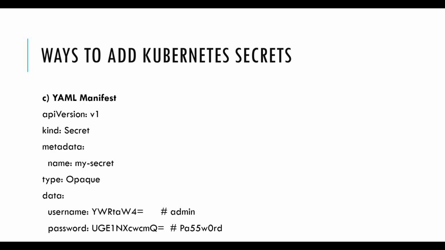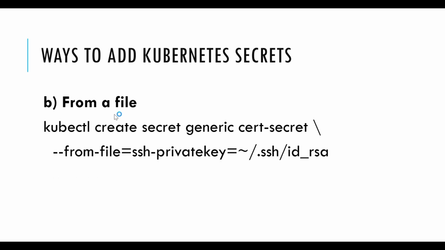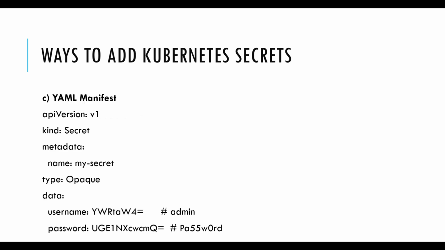Then comes the YAML. In YAML, the value is base64 encoded, and this I want to highlight. With the command, we don't have to worry about the encoding, Kubernetes does that for us. But when we are doing it through YAML, we need to encode it, and only then will the pod be able to use it.